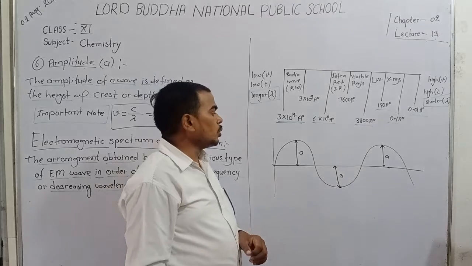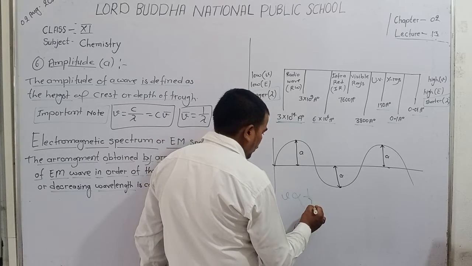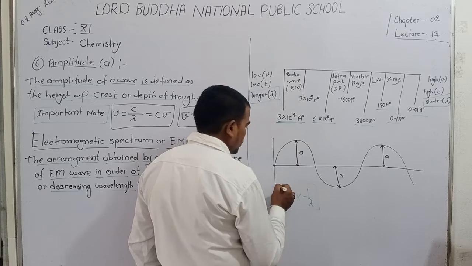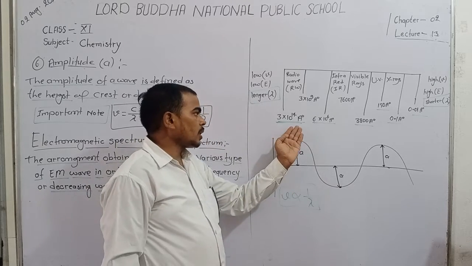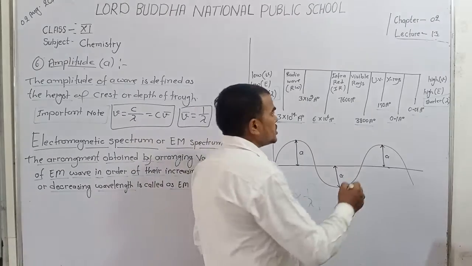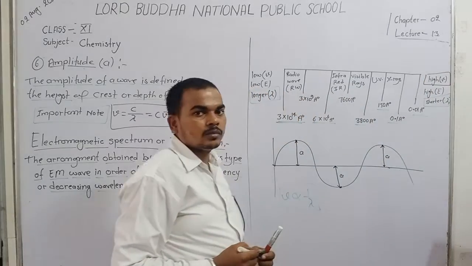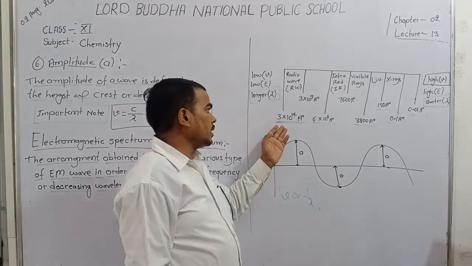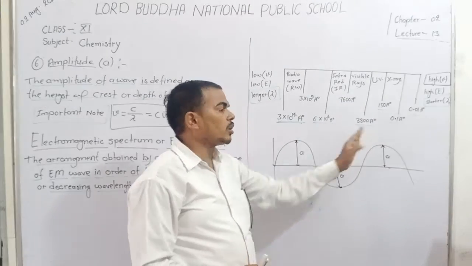Dear student, you know that frequency is inversely proportional to wavelength. Because the wavelength decreases here, the frequency of the electromagnetic wave increases. This is because the arrangement of electromagnetic waves is in decreasing order of wavelength.